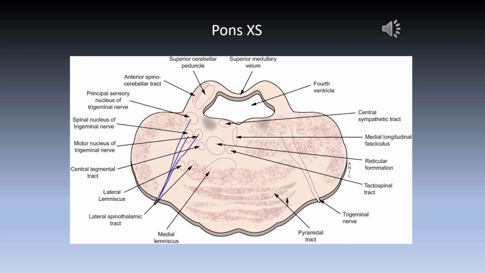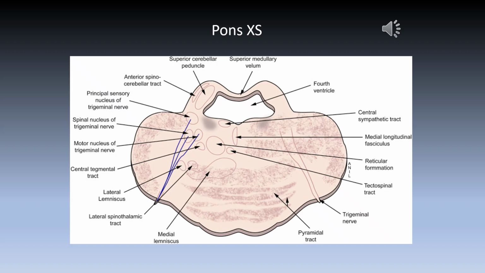There is the motor nucleus of the trigeminal nerve. Well, we have 4 cranial nerves that have their nuclei in the pons. The first one is the trigeminal. The next one is number 6, abducens. The next one is number 7, the facial nerve. And the next one is number 8, vestibulocochlear nerve.